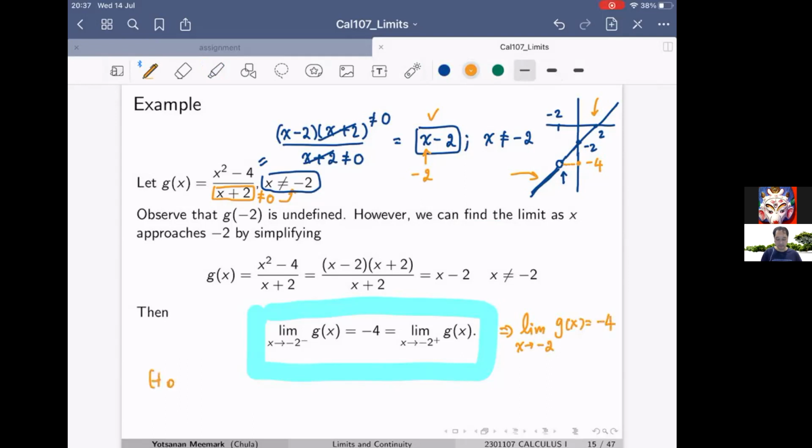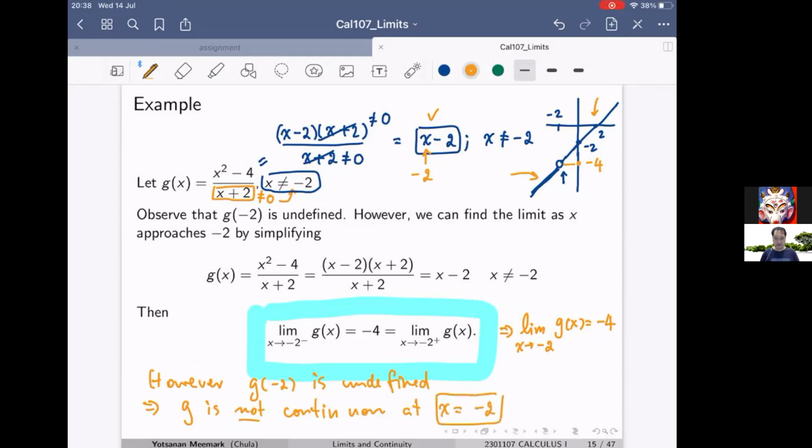However, your g at -2 is still undefined, and your graph is still tearing apart at this point. So it means that your g is still not continuous at the point x equals to -2.